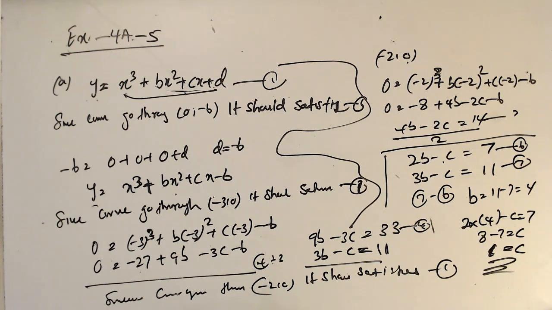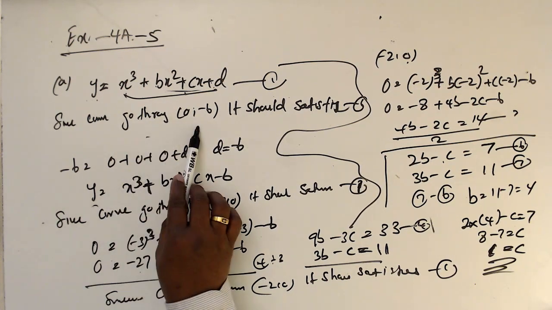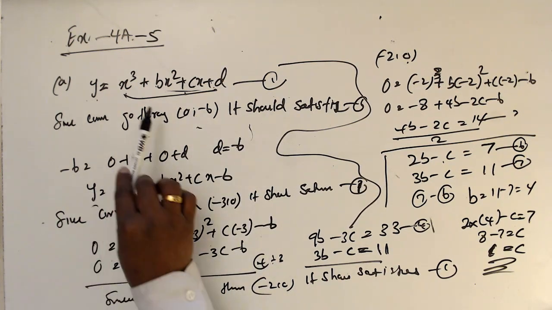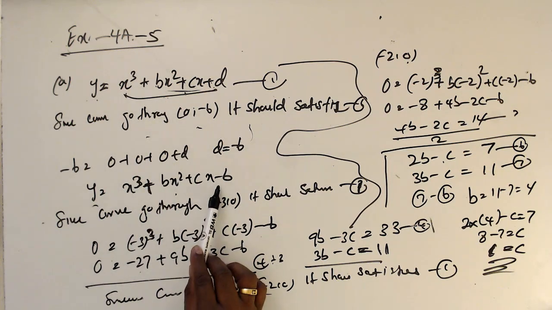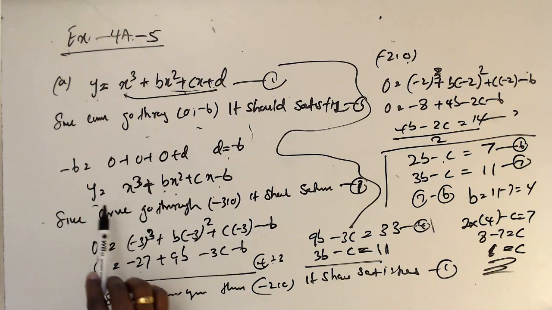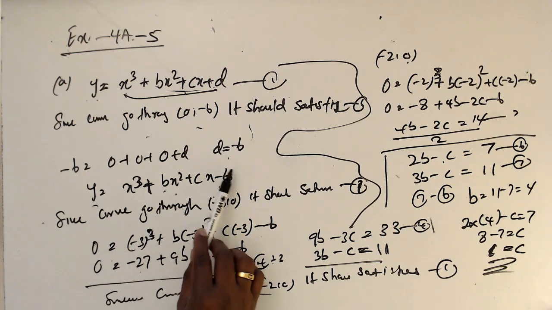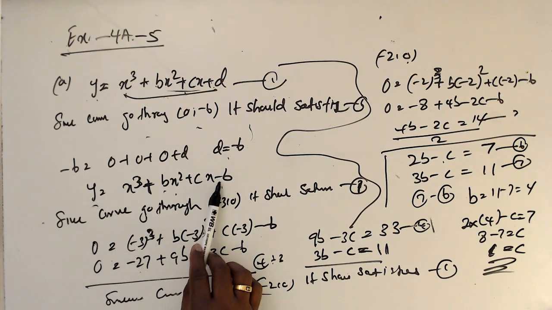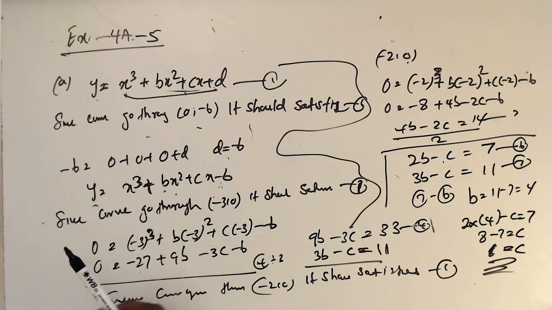So what I did was, since 0, minus 6 is going through the curve, I substituted that here. Then I found out d equals minus 6. Then I used that minus 6 to make the sum easier. Now since the curve goes through minus 3, 0, I substitute.